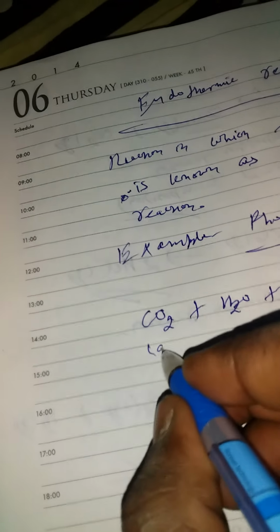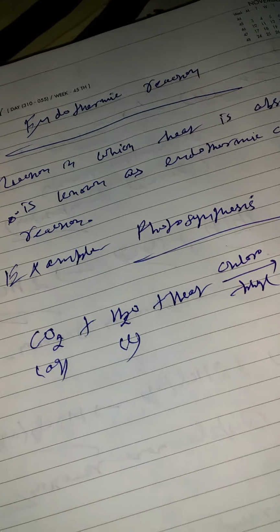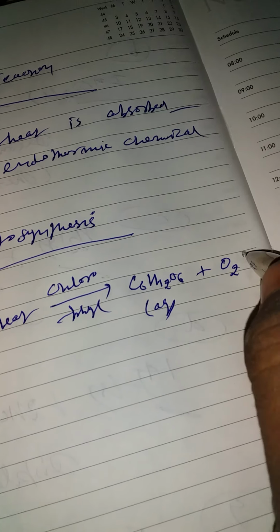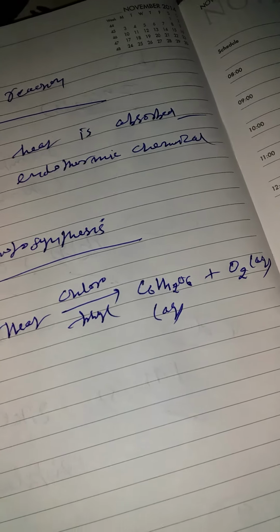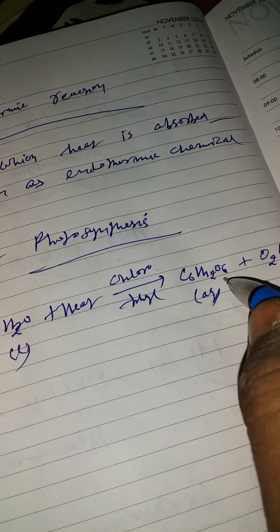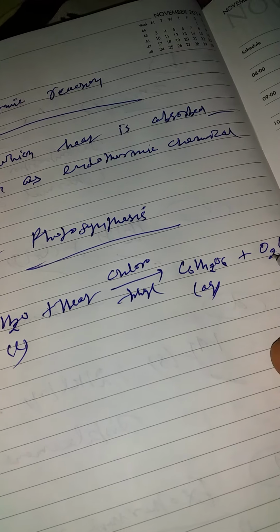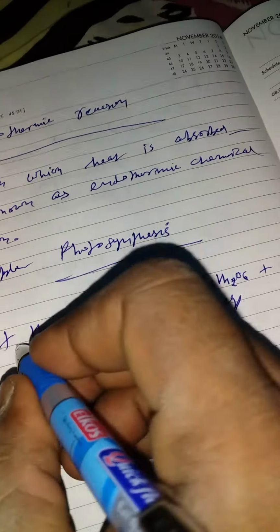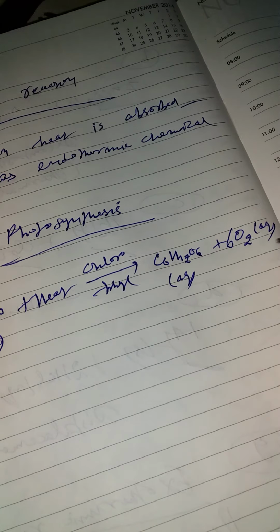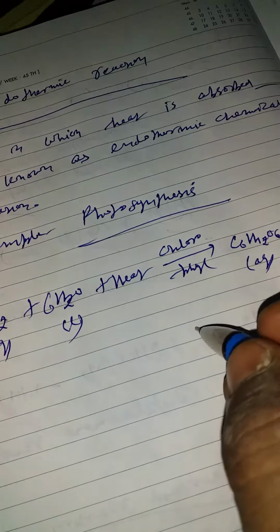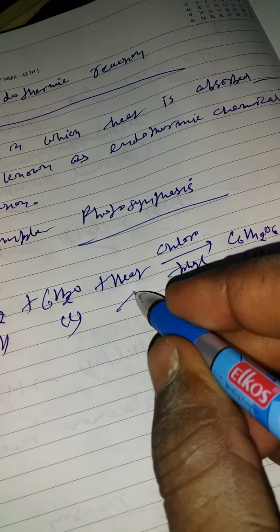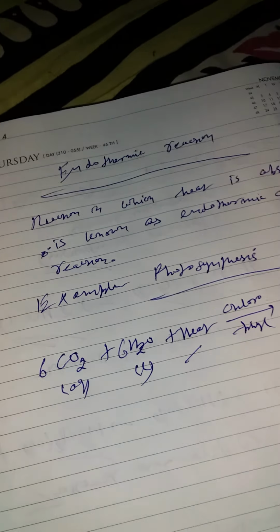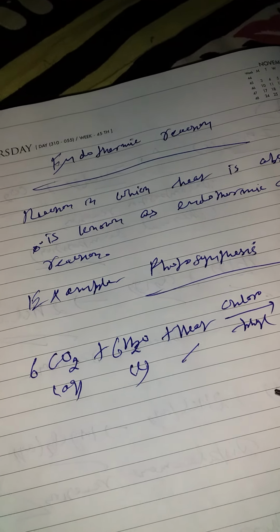Here carbon dioxide in the form of aqueous, H2O liquid, C6H12O6 in the form of aqueous, and O2 in the form of aqueous. After balancing C6H12O6, here 6 CO2, 6 H2O, and here 6 O2. In this chemical reaction, we see that an amount of heat energy is required for the formation of glucose. That's why photosynthesis is known as an endothermic reaction.